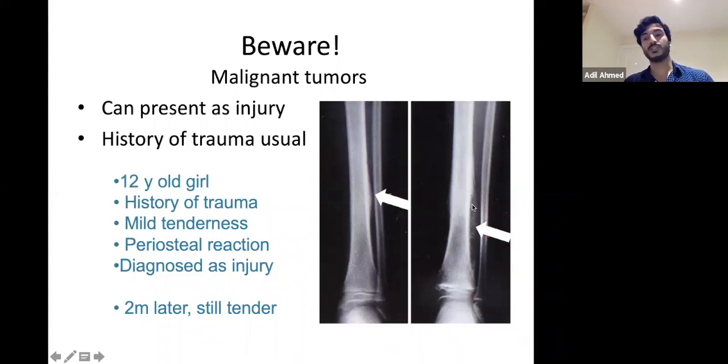There's a poor demarcation in terms of the lesion, which is a poor prognostic sign. You can see some sunray spiculation, and you'd be worried not about a fracture, you'd be worried about a tumour, particularly something like a Ewing sarcoma, a diaphyseal tumour.